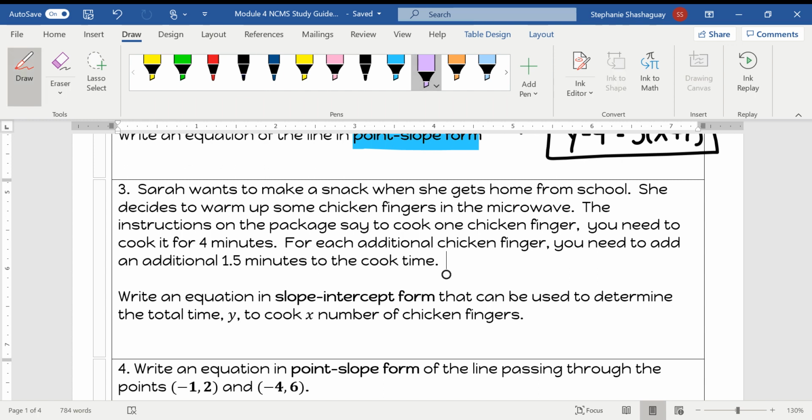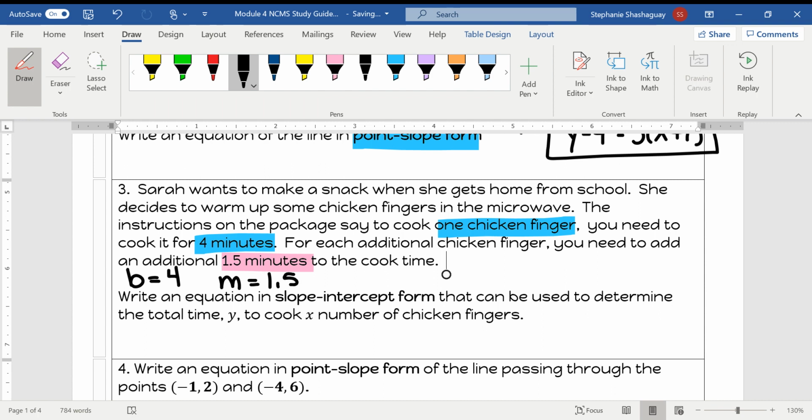So 1 chicken finger is 4 minutes. So that essentially is going to be our b. So our b is equal to 4 because that's our initial value. Now, for each additional chicken finger, you would need to add an additional 1.5 minutes of cook time. So that is going to end up being our slope. So our m is equal to 1.5.